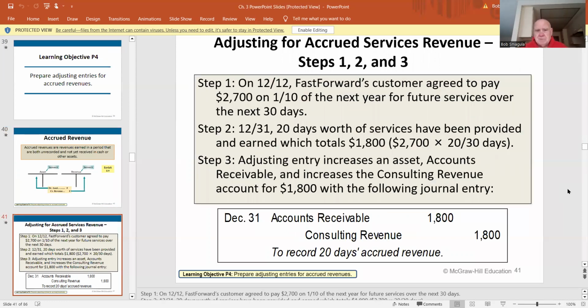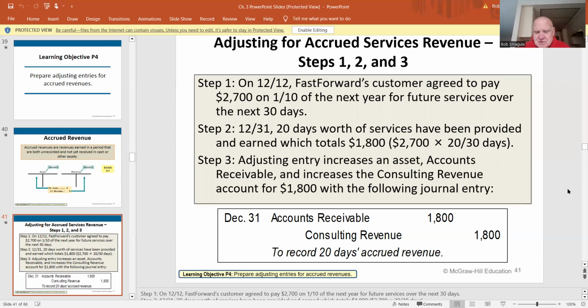Fast Forward's customer agreed to pay $2,700 on 1/10 of the next year for future services over the next 30 days. You have a typo there. Step 2, 20 days of services have been provided and earned, which totals 1,800.